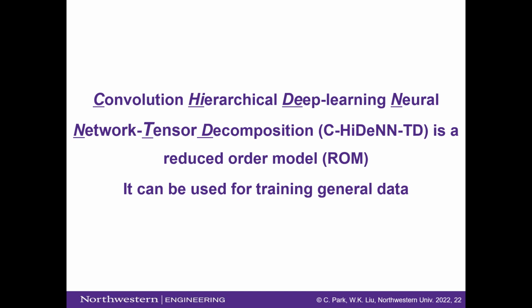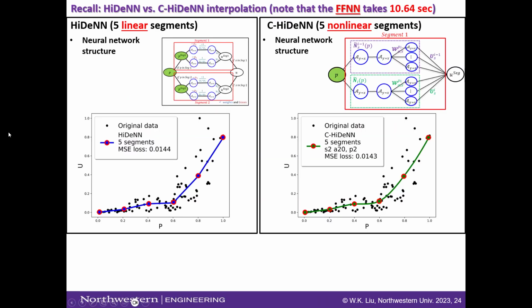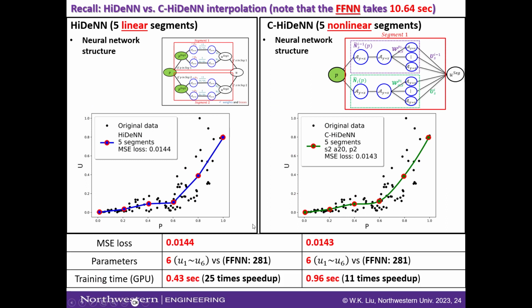In such a way, we can reduce the degrees of freedom a lot because the DOF growth changes from exponential growth into linear growth. So now we want to recall this HiDeNN and C-HiDeNN interpolation, the slide that I covered a few minutes ago, and how we actually train this data using our C-HiDeNN or HiDeNN framework.